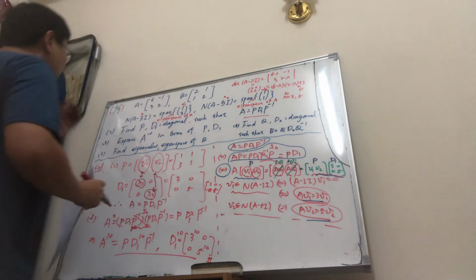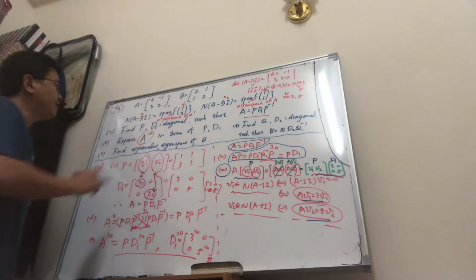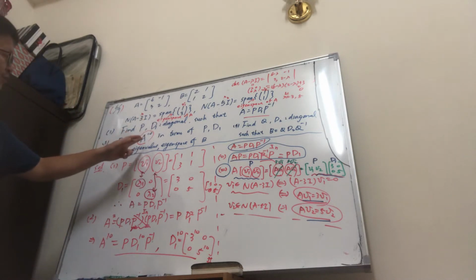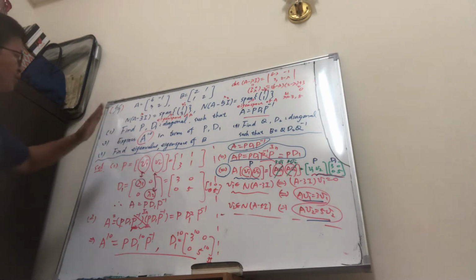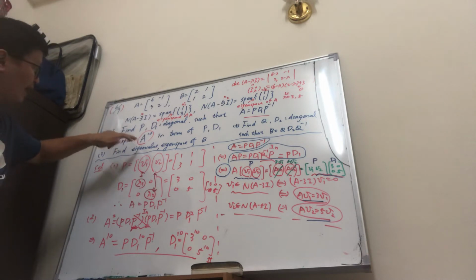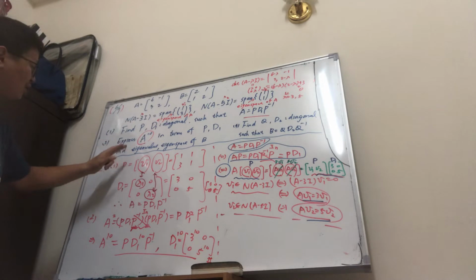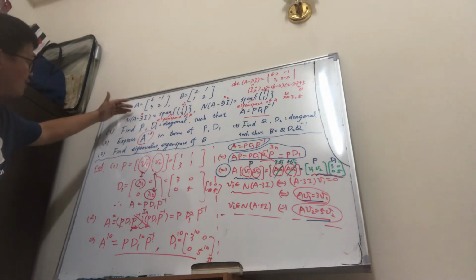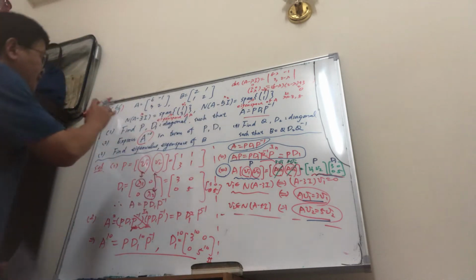As you see, if you want to know the eigenvalues of A to the power of 10, we don't need to actually compute A to the power of 10 first. The reason is that this matrix A is diagonalizable.